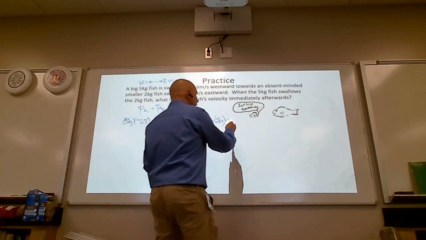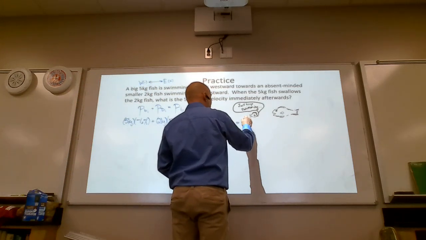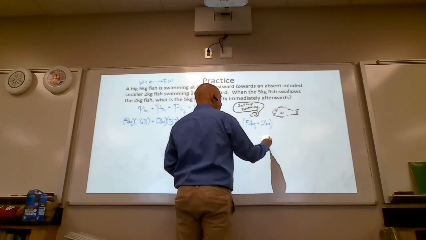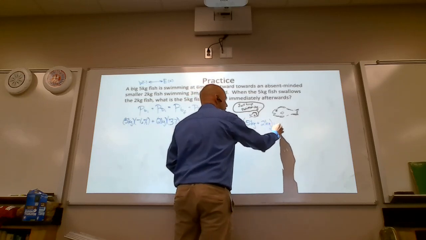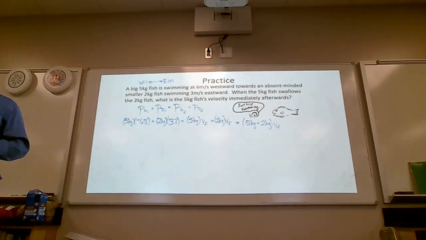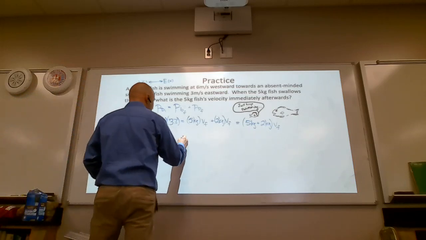Or you could think of it as the big fish plus the full belly that the big fish now has, with some final velocity. Either way is fine. Good with that? Okay. So that's your setup, and the rest is just math.